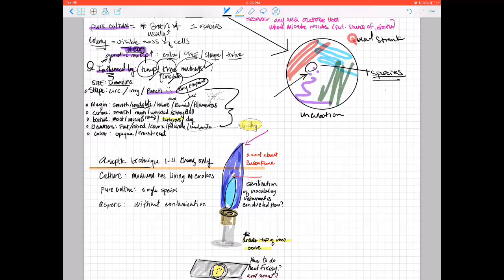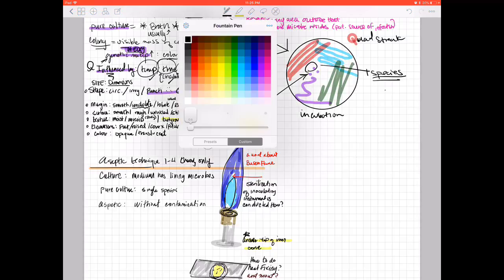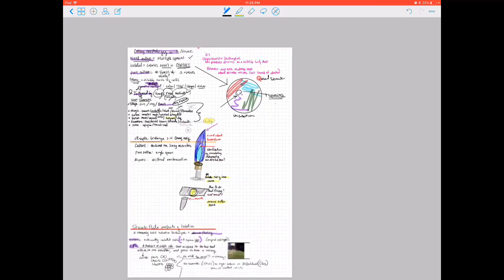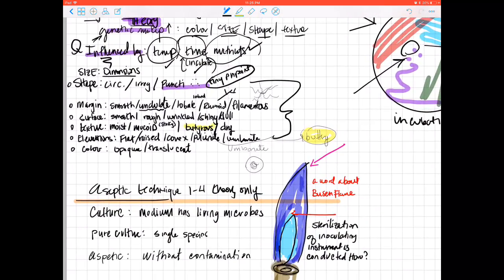Let's see. This one, bonnet. Hopefully that's visualized. Bonnet means it looks button-like. So this is talking about the elevation. That means the center would look kind of raised. And the last one in terms of describing our morphology is going to be opaque and translucent, obviously.